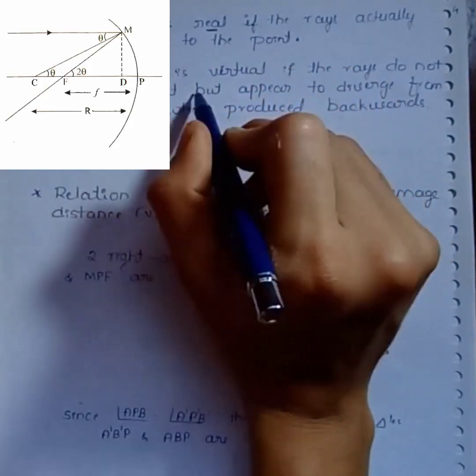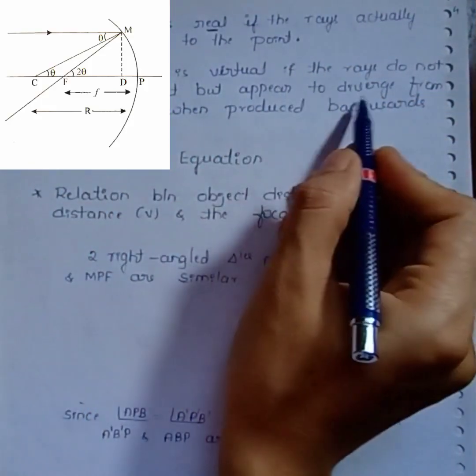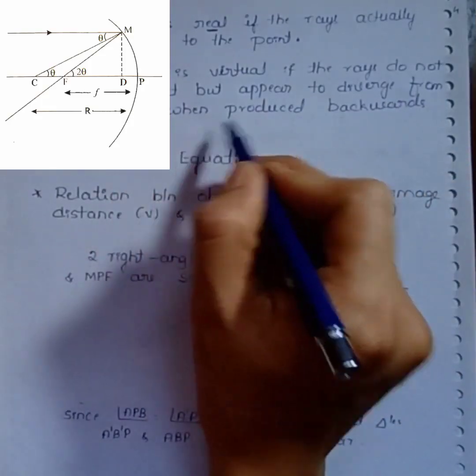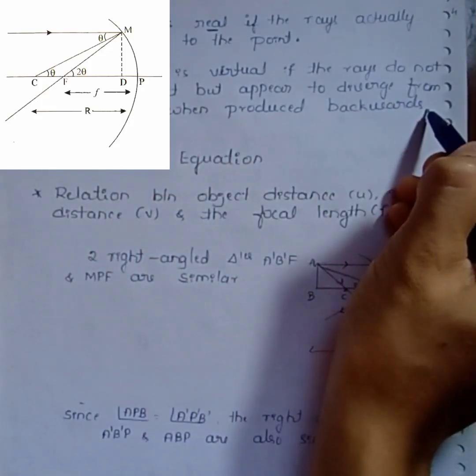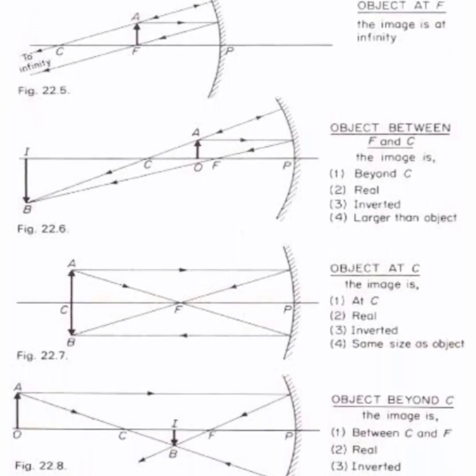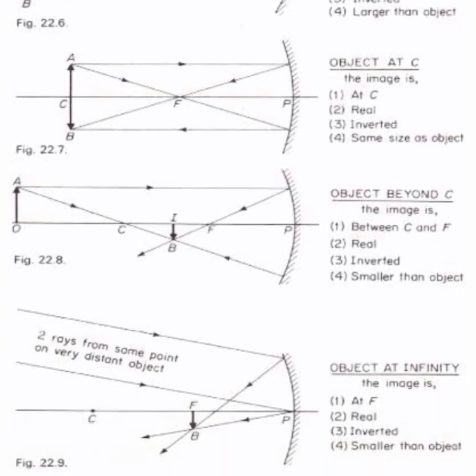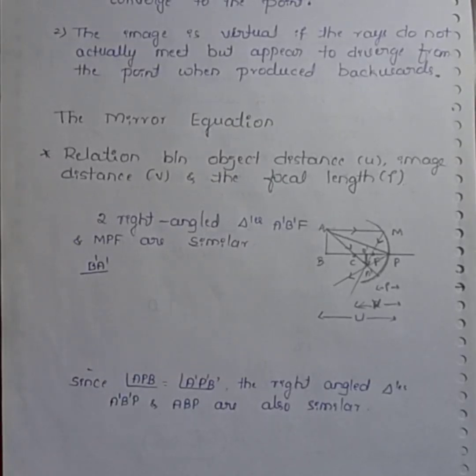The image is virtual if the rays do not actually meet but appear to diverge from the point when produced backwards. We are already familiar with these concepts in class 10th. Please go through it.